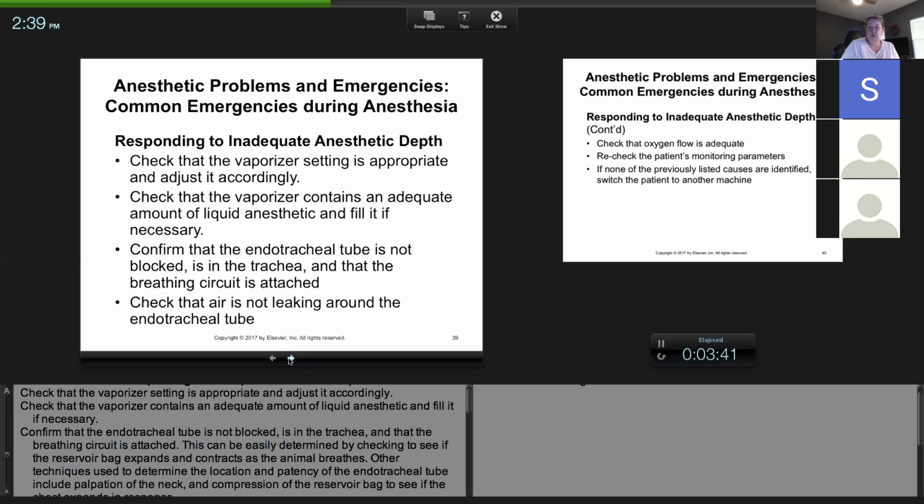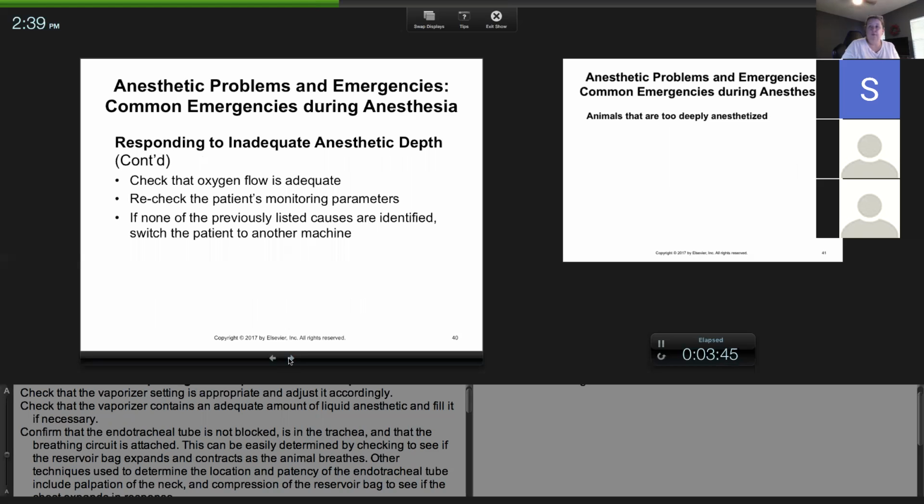Make sure that the tube is not bent, kinked, or plugged, and check for a leak. Usually the way I do that is I squeeze the bag during anesthesia, put my face, and when you squeeze, you shouldn't hear anything and you shouldn't smell anything. And then, if you're worried about the machine, you can switch them to another machine.